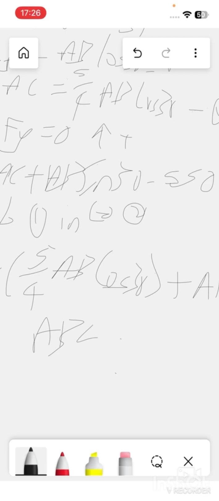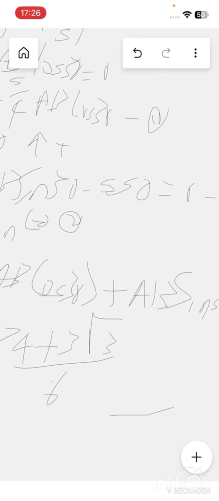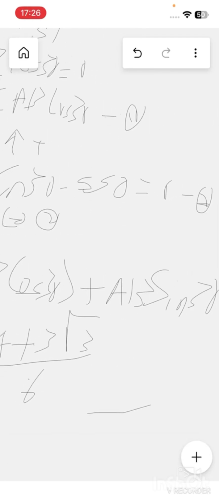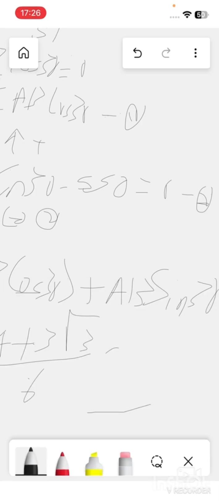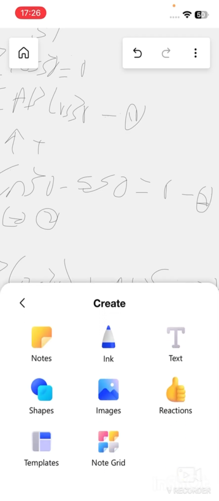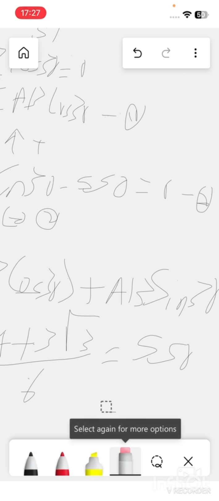AB times 4 plus 3 root 3 over 6 is equal to 550. This 550 is that one. Is that the 550 that we got there?